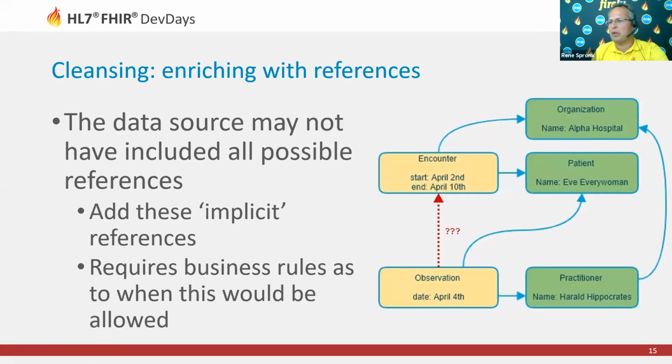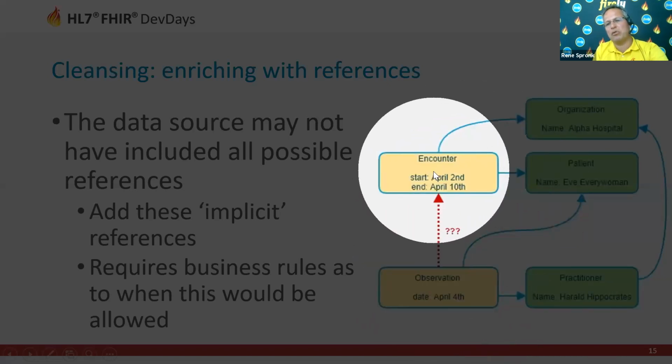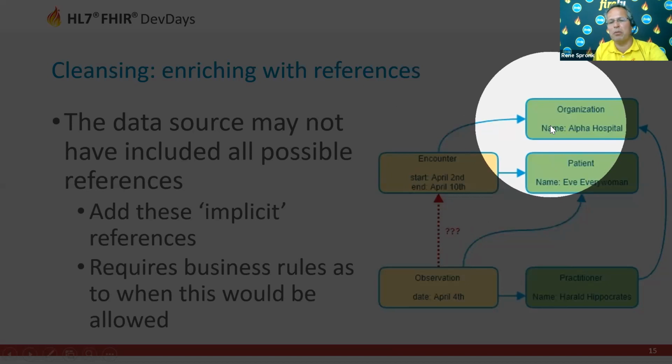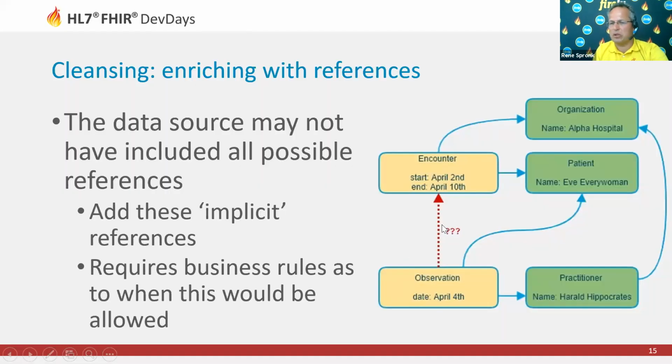Quite often in quality measures, and this is where this discussion came from, you want to know whether observations of a certain kind have happened during encounters with a certain department, for example. But if this reference is missing, then the data is pretty useless. So is it safe to assume that if the observation was done during the time interval of the encounter, we can then deduce this reference?